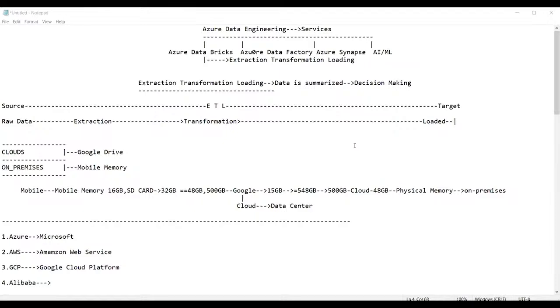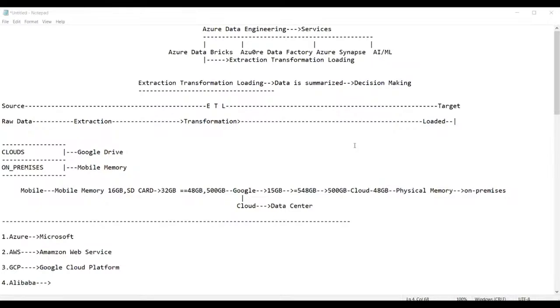ADB and ADF are both provided by Azure, Microsoft. What is the main difference between ADB and ADF? If there is a project where you are going to use ADF and ADB both, ADF is used only for the data ingestion process, that means insertion of the data.